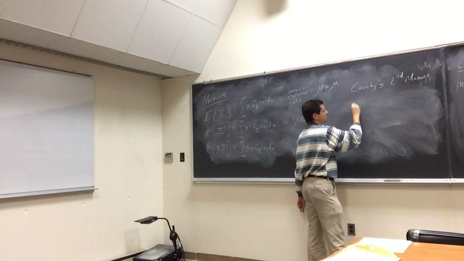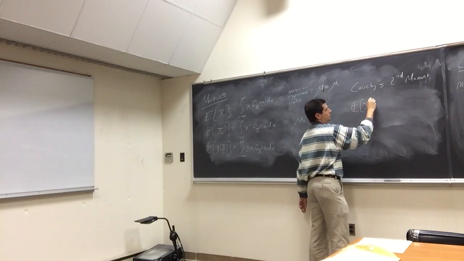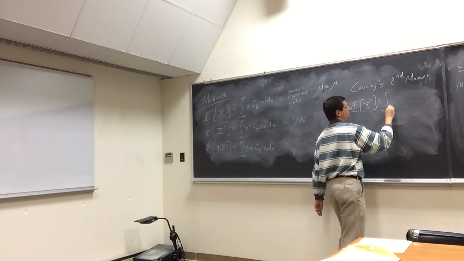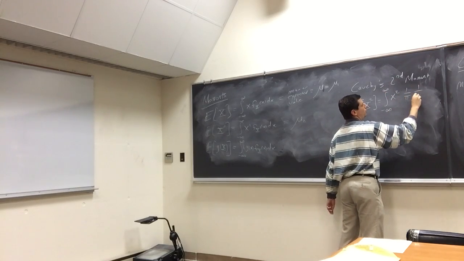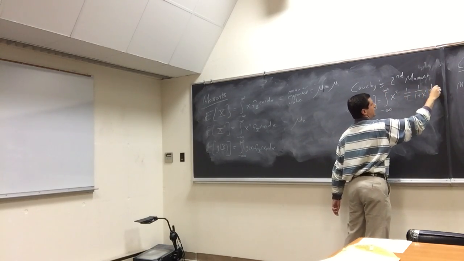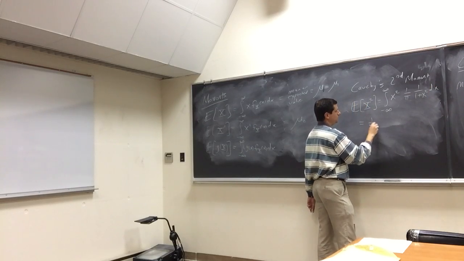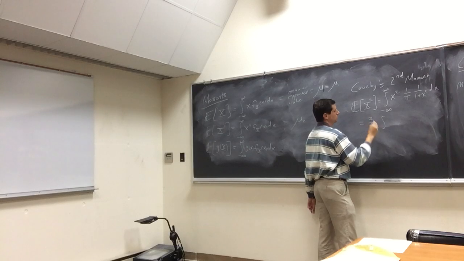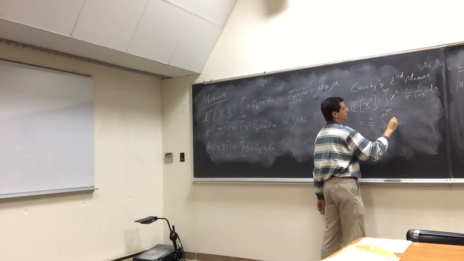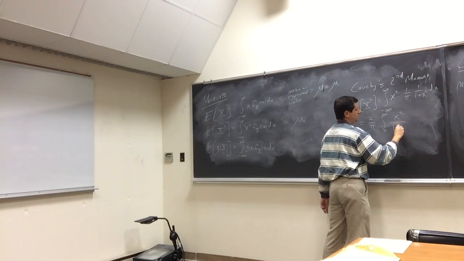Then we would have the expected value of x squared would be the integral from minus infinity to infinity of x squared 1 over pi 1 over 1 plus x squared dx. I can pull out the pi. I can multiply by 2, and it's 0 to infinity of x squared over 1 plus x squared dx.